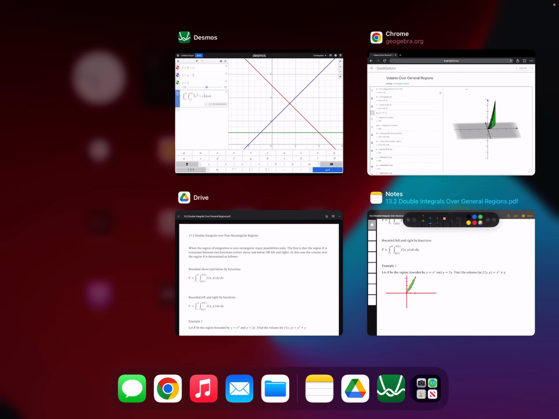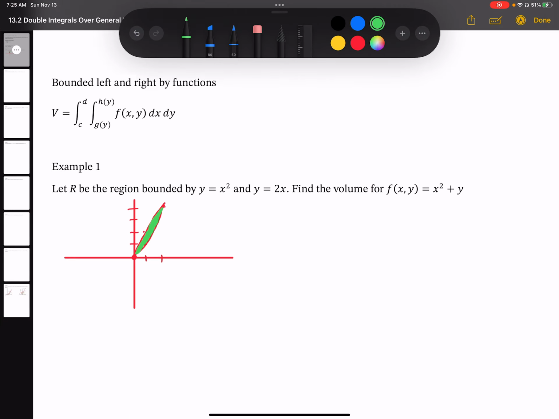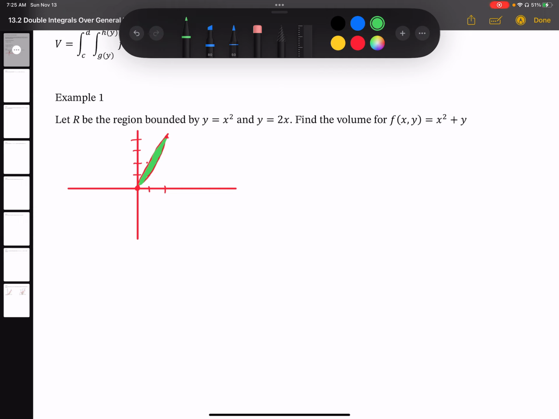So to get that, we can clearly see that our limits for integration are from 0 to 2. When we're doing our two integrals in one direction, we have 2x on top and x squared on the bottom. But we're also going from left to right, and we start at 0 and go to 2.